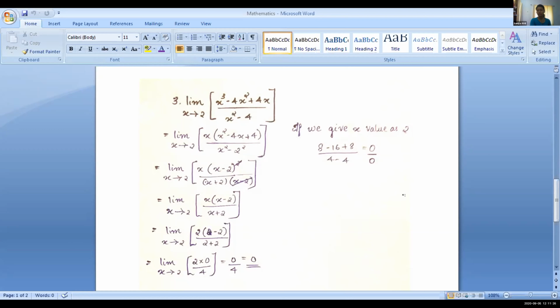Aryan, can you tell why we didn't substitute 2 instead of x like the previous questions?